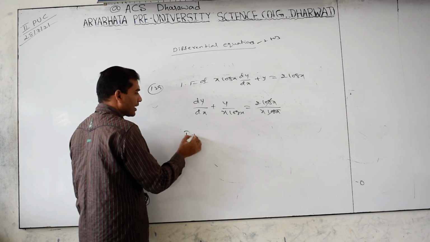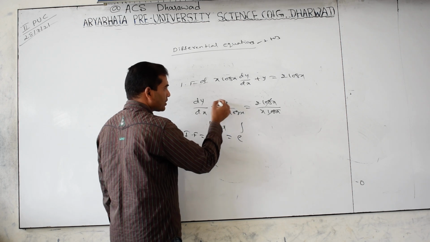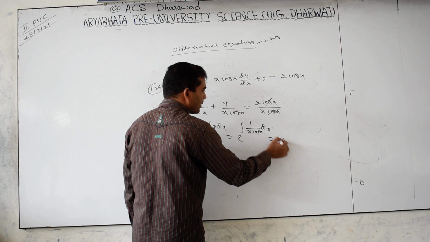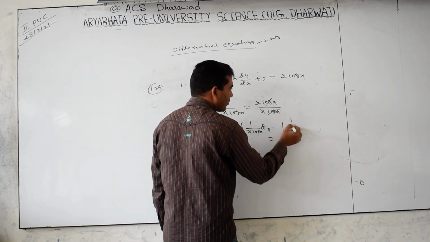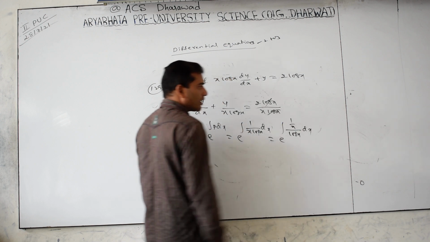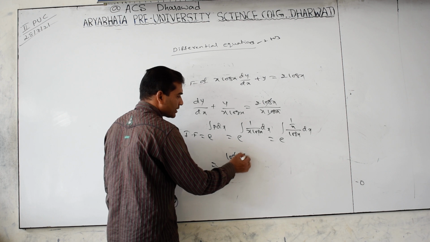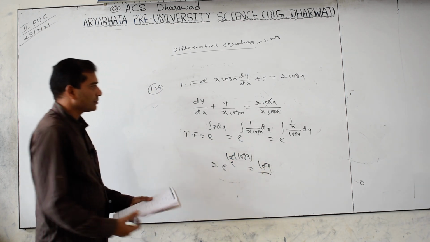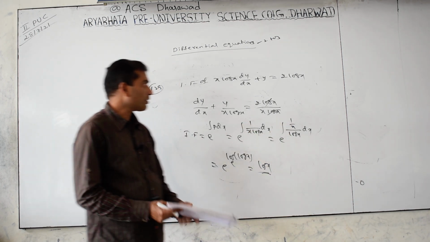So integrating factor is e power integration of p dx, e power integration of 1 by (x log x) dx. The derivative of log x, which is 1 by x, is here, so e power log of log x. What is the base? e. Understood? So the IF is log x.